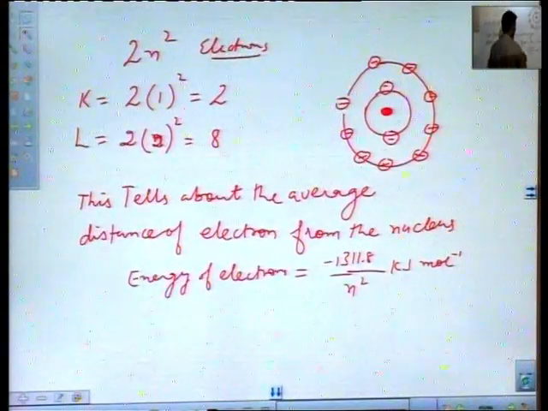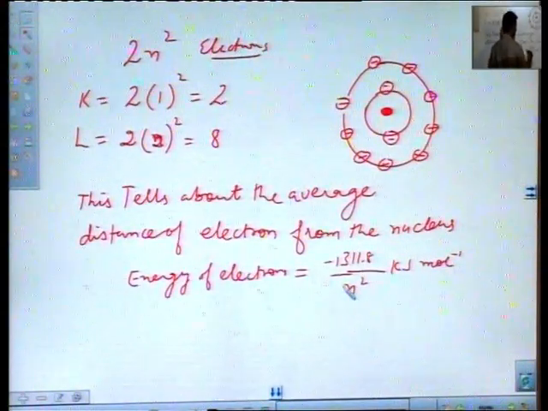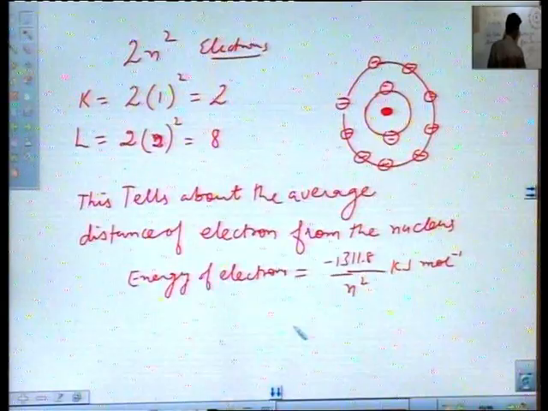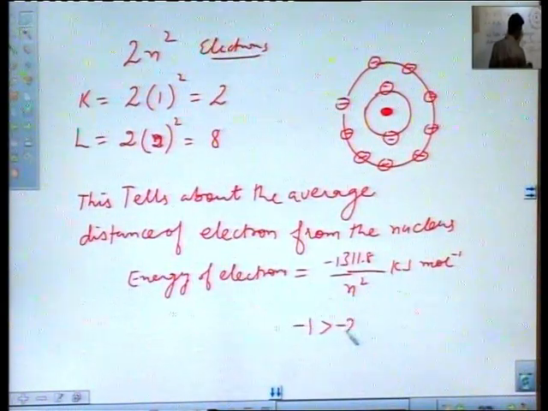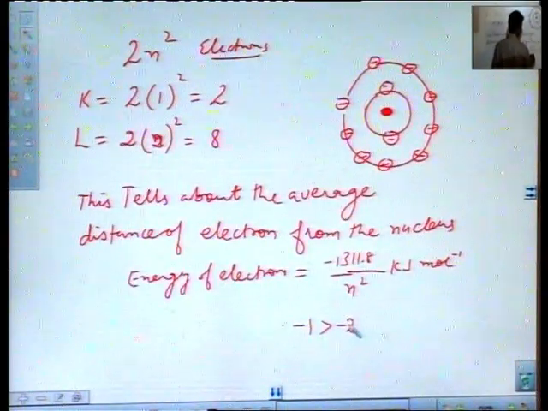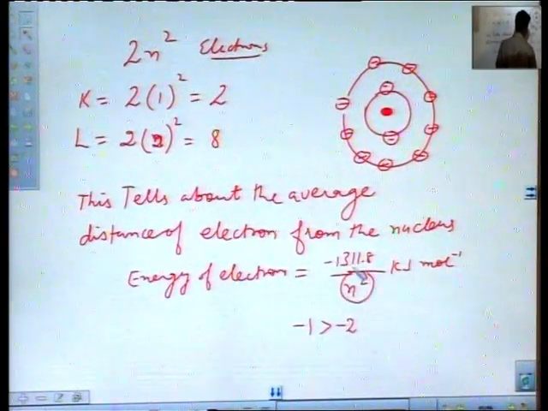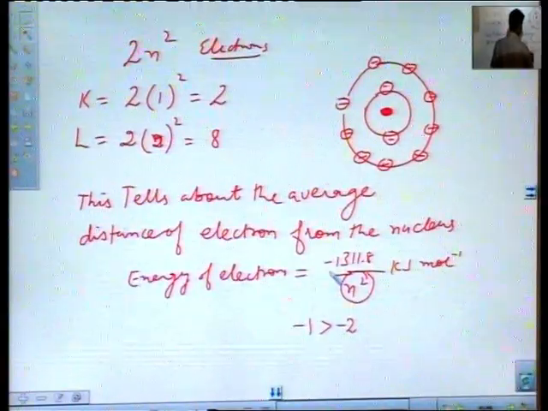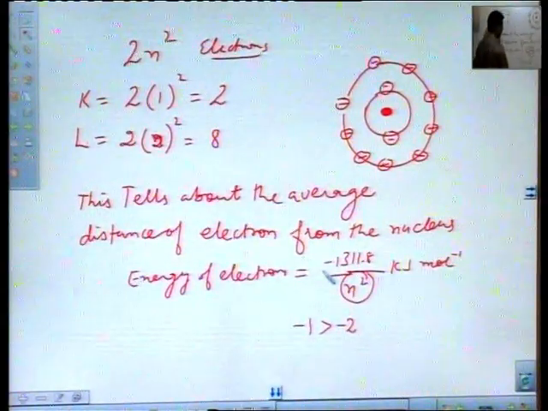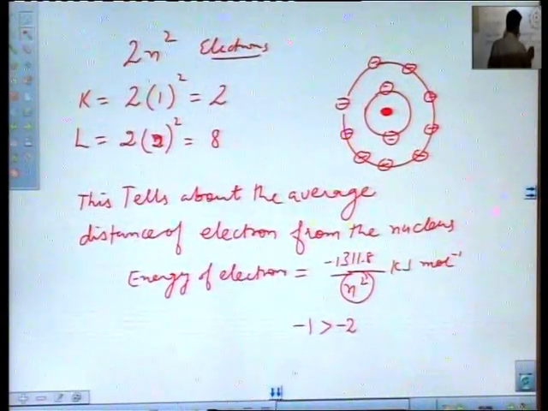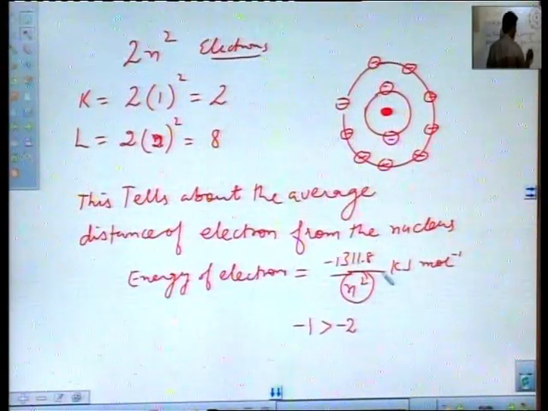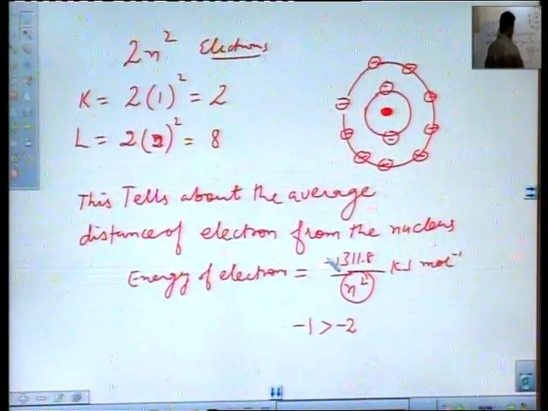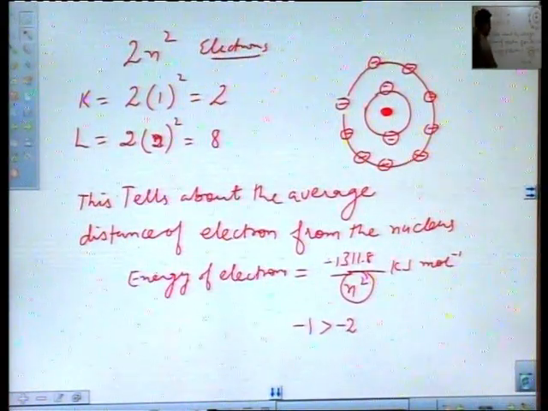As the value of n increases, the value of the overall energy increases, as minus 1 is less than minus 2, so the energy of the electron is increasing with n.